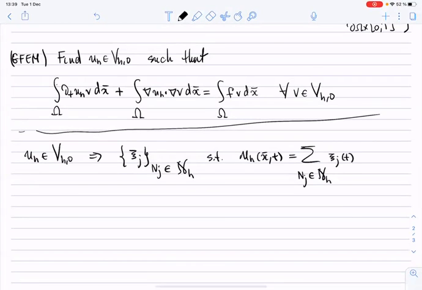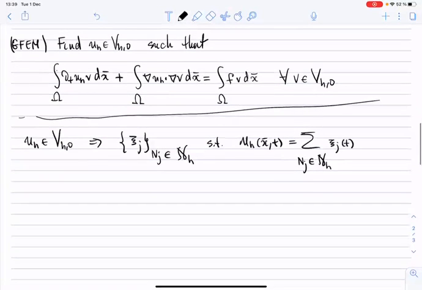And this is the key point: the coefficient depends on t, and the test function depends only on space.